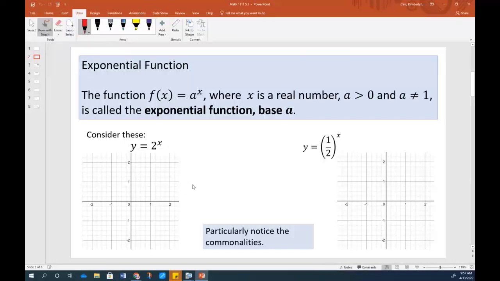But if I were to just make a table of values, the ones I like to plug in are -1, 0, and 1. We'll save this -1 for just a minute. Anything raised to the 0 power is equal to 1. Anything raised to the first power is equal to itself. So see, those points were very easy for me to do.